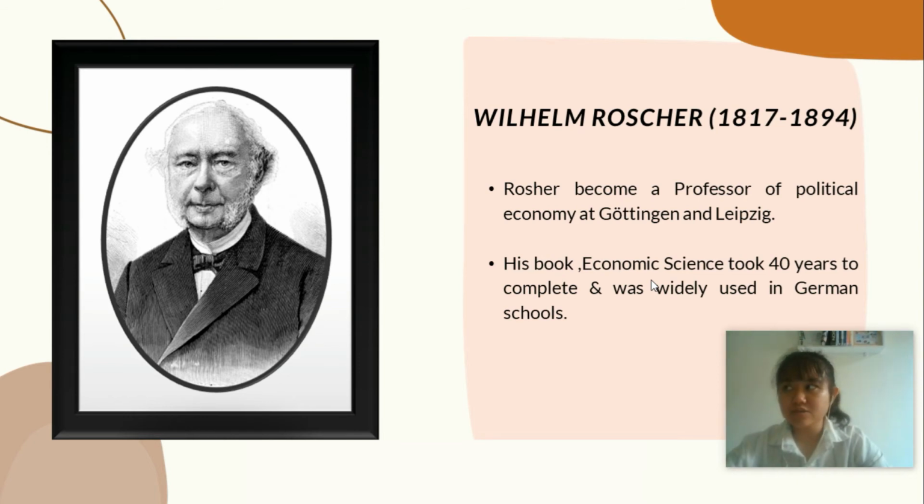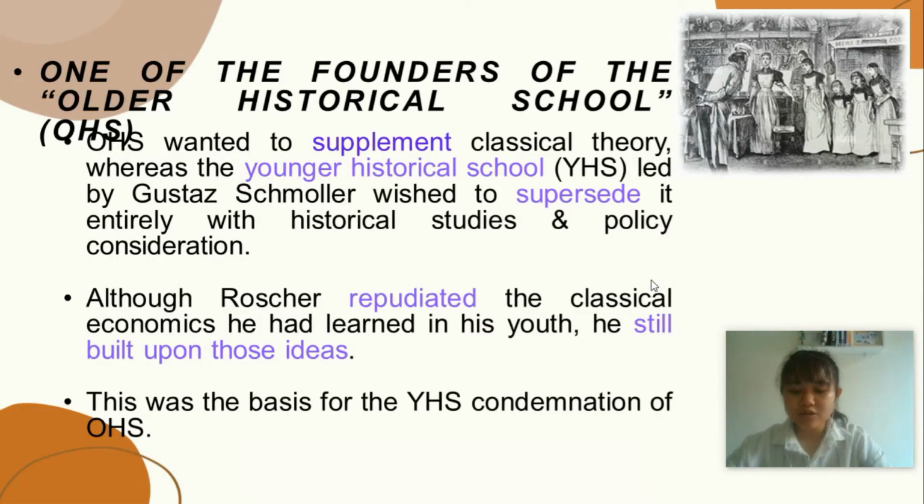He took about 40 years, from 1854 until 1894, to complete this book, and it was widely used in German schools. Although Roscher rejected the classical economics that he had learned in his youth, he still built upon those ideas.